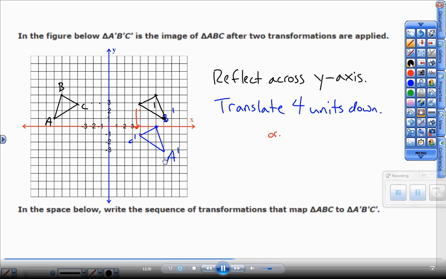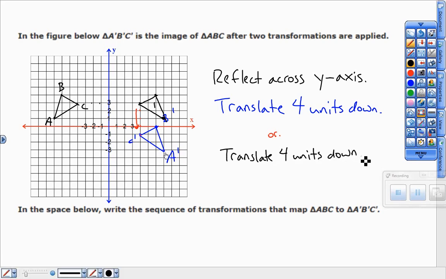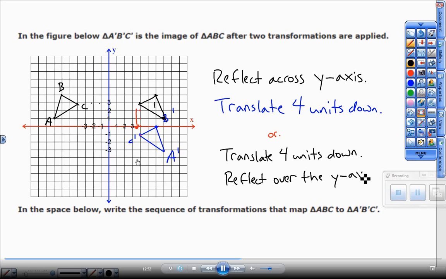Or of course, if you got that backwards and said translate 4 units down and then reflect across the y-axis, you would have got full credit on that one. All right, but again, know you could do it either way. All right, next problem to check.